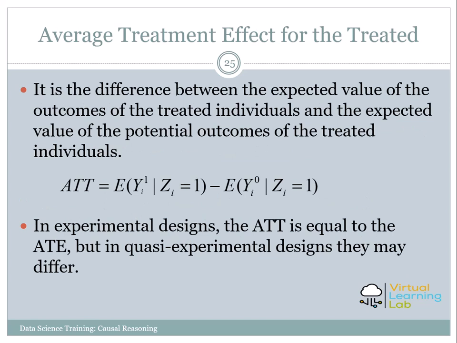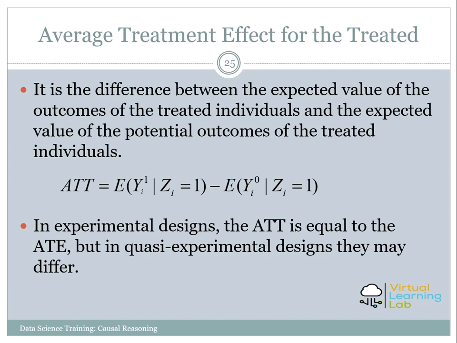Now, I already explained estimating the average treatment effect and the definition of average treatment effect. It's also common to estimate the average treatment effect on the treated, which is the difference between the expected value of the outcome for the treated in the treatment condition and the expected value of the outcome for the treated in the control condition.